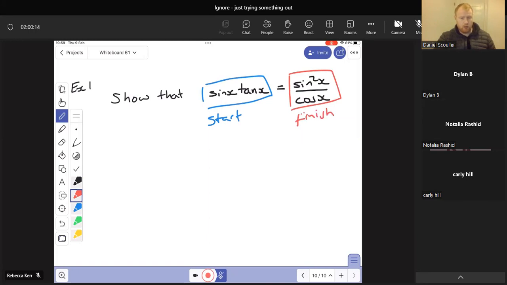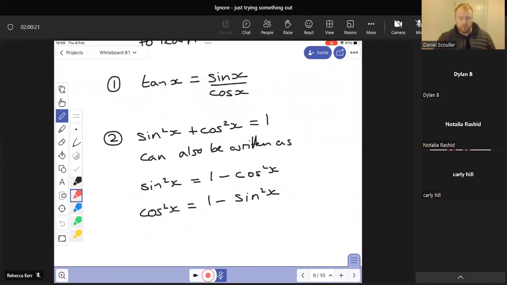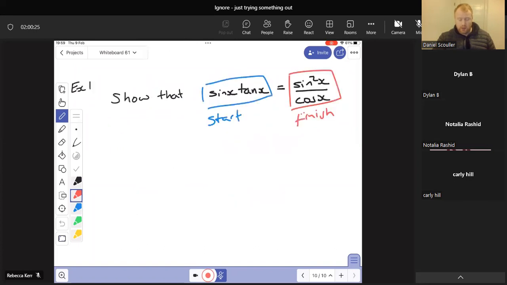I'm going to use those relationships that we wrote down. I'm going to substitute one of them into that left-hand side, and it's going to lead to the right-hand side.